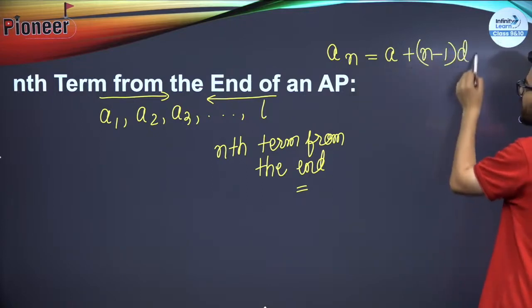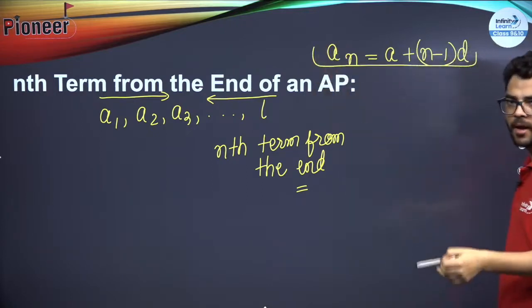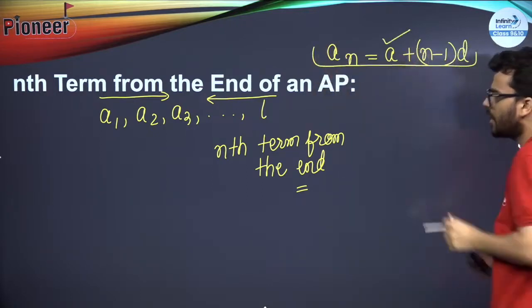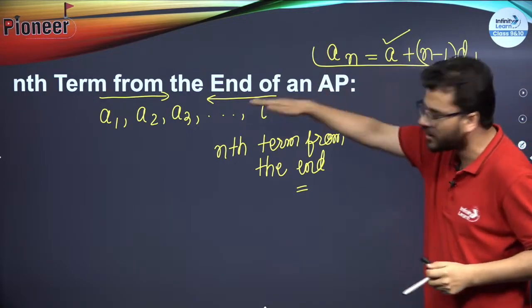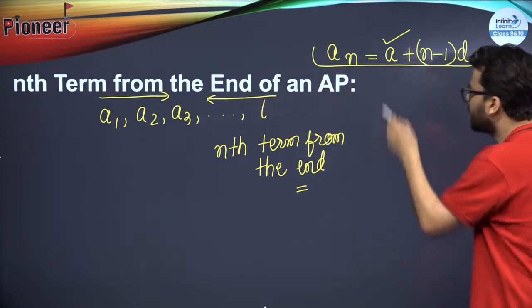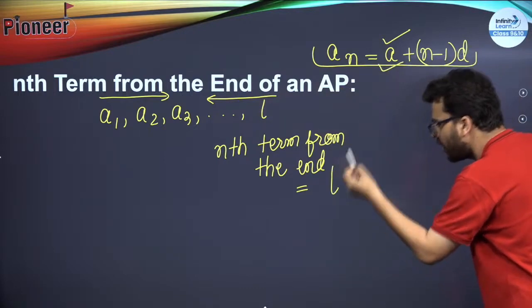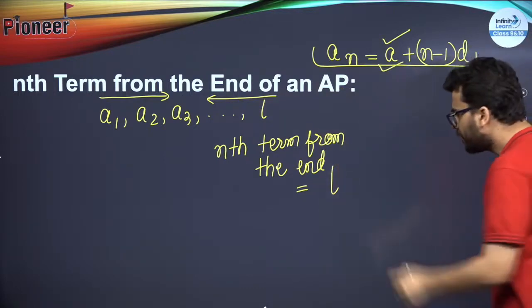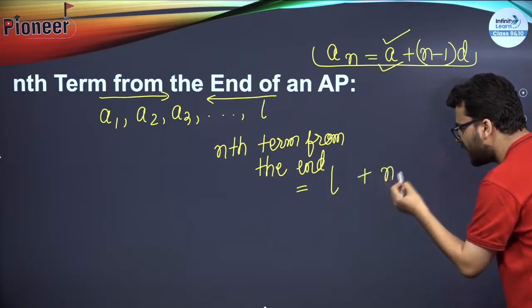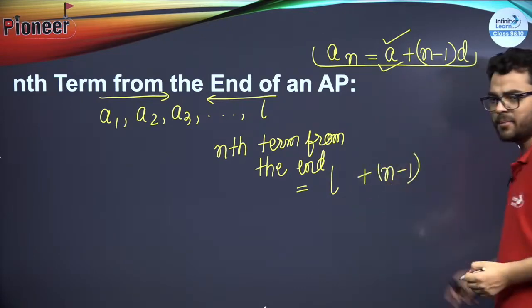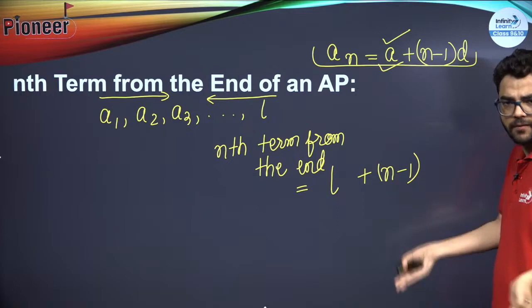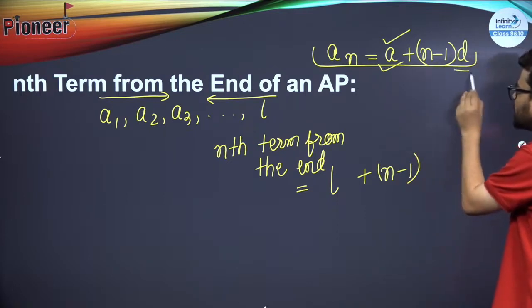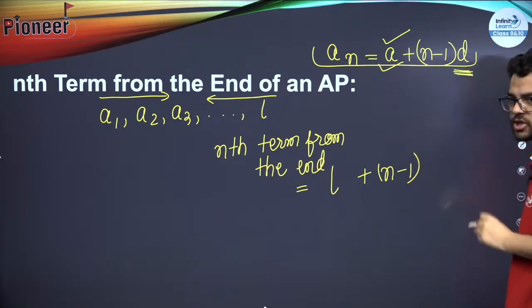We will use the same formula, but in place of the first term I will put L, because I have started walking from the last. Plus n minus 1 will automatically be there, because this is the position of a term, it will not change, but d will change. Do you agree that d will change?